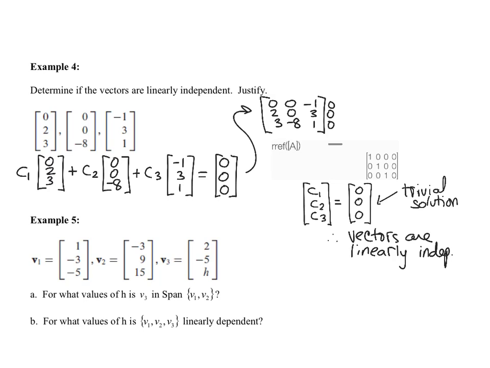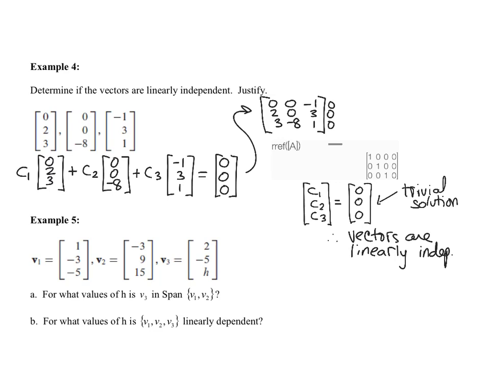Linearly independent. Just phrase it the way the question's asking, because sometimes it'll say determine if the system is linearly independent. System, vectors, whatever. I'm not going to lose too much sleep over it. If you said system and the question said vectors, it's not the end of the world, but just for a little element of precision, that's probably not the worst idea in the world.